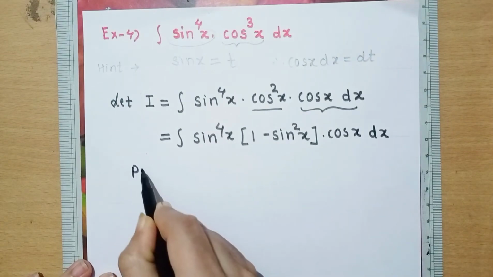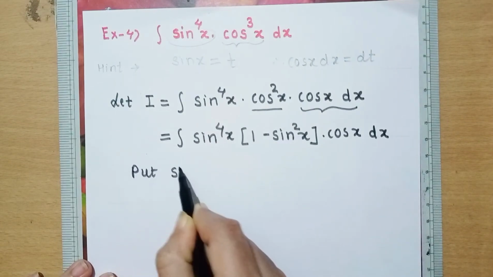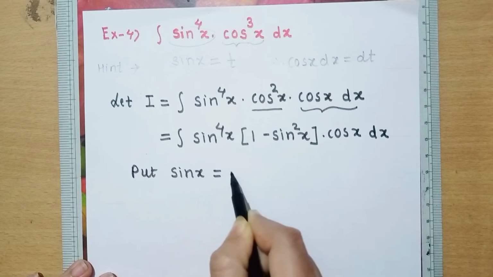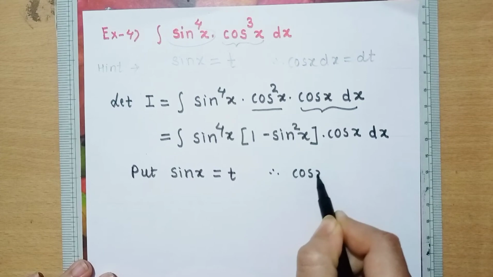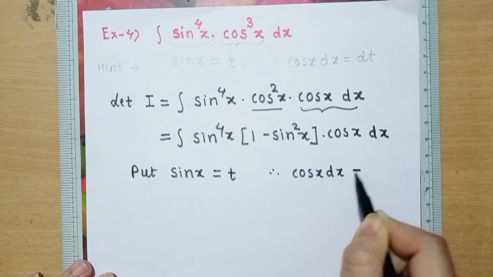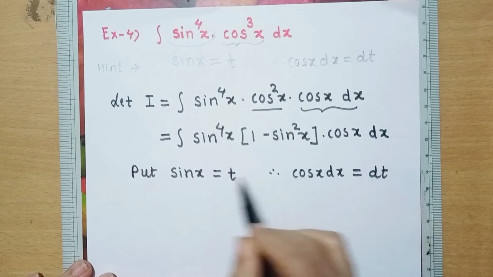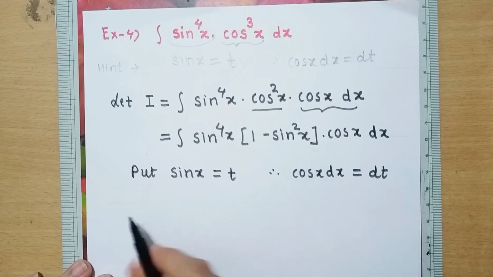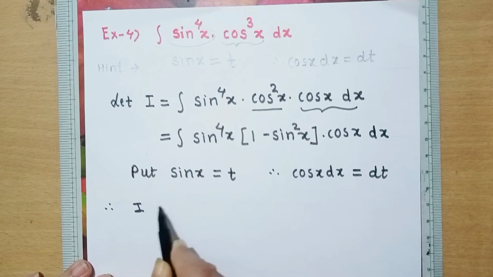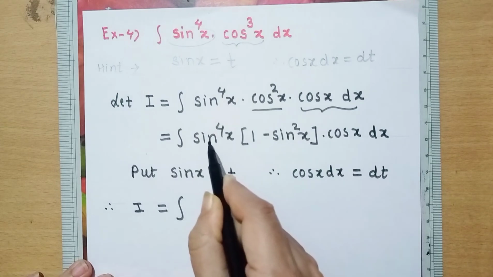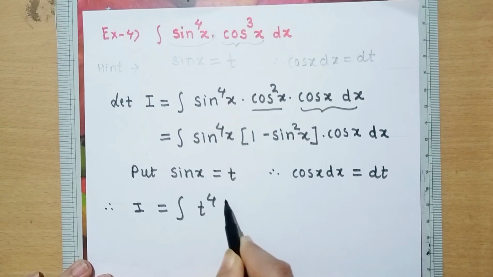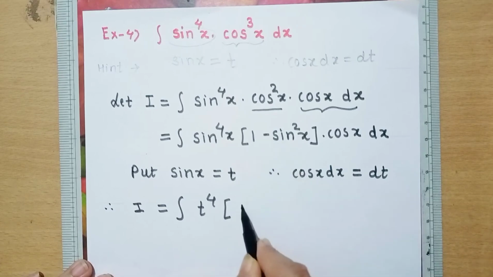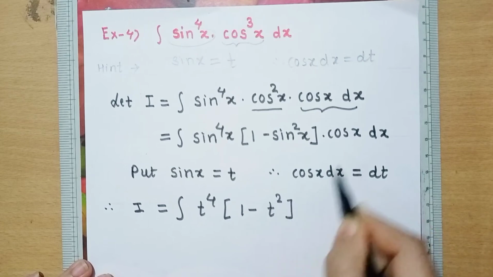Now put sine of x equal to t, and therefore cos of x dx equal to dt, and we will substitute these two things here. Therefore I is equal to integration of, now sine of x equal to t, so this is t raised to 4, and in the bracket 1 minus sine square x means t square, and here cos of x dx means dt.